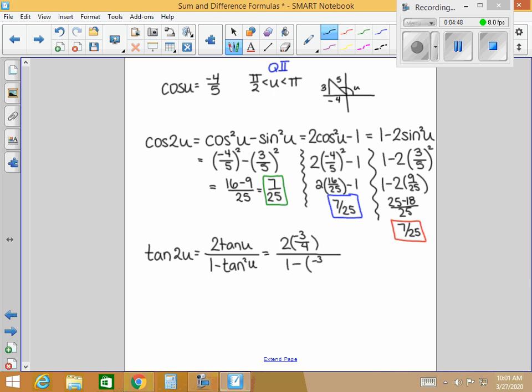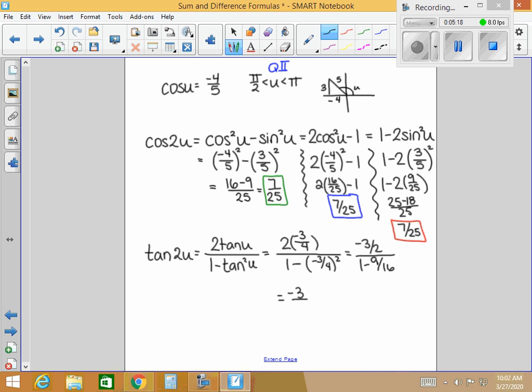1 minus, I'm going to square negative 3/4. On the top, 3/4 times 2 is 3/2. Keep the negative sign. Here on the bottom, when I square that negative 3/4, I'm going to get positive 9/16. I'm still subtracting it. That subtraction sign out in front doesn't go away just because the stuff inside was negative to begin with, because again, when I square it, it really goes back to positive.